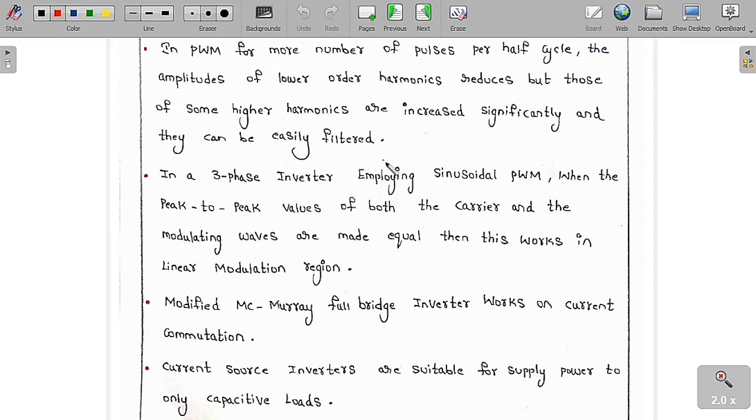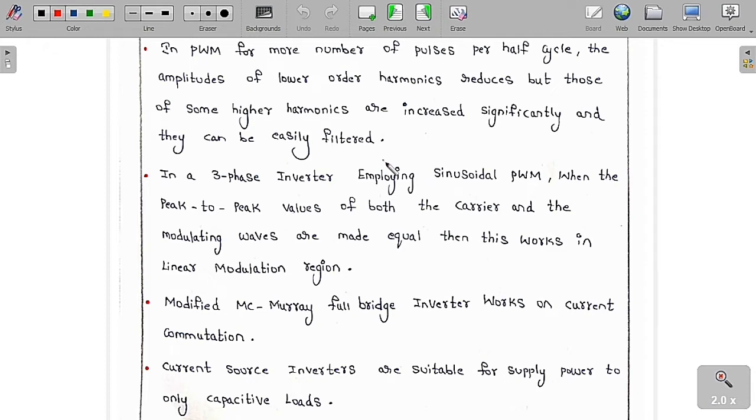So if you increase the number of pulses in a half cycle, what is going to happen? If you increase the number of pulses in a half cycle, the amplitude of the lower order harmonics is going to be reduced, but the amplitude of the higher order harmonics is going to be increased. That is the meaning of this.